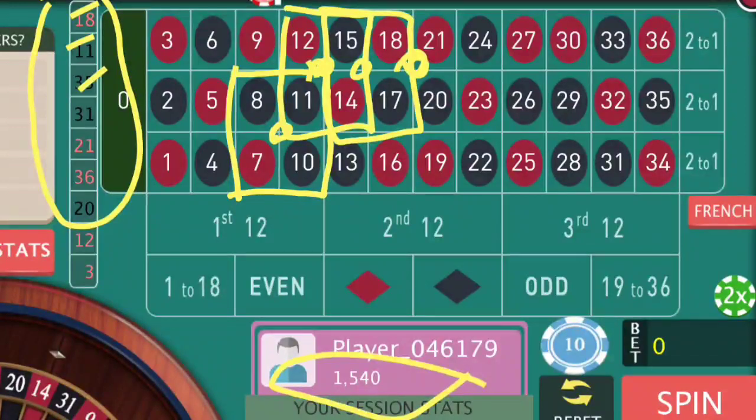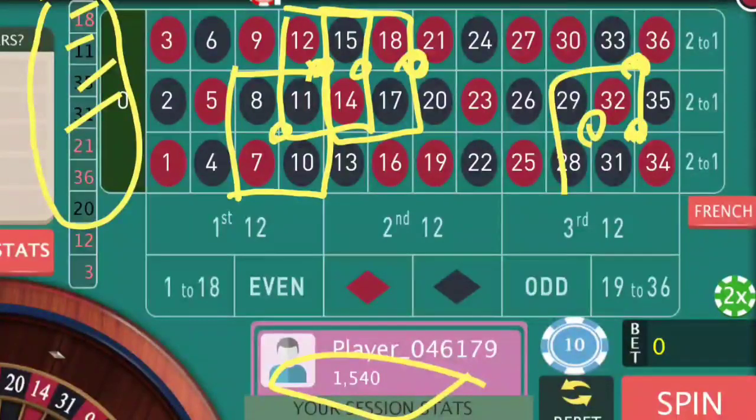Next number is 35. So I might go with here or go with here. This doesn't make any difference again. So next number is 31. So if I put some bets here or here, then I will put another bet over here.